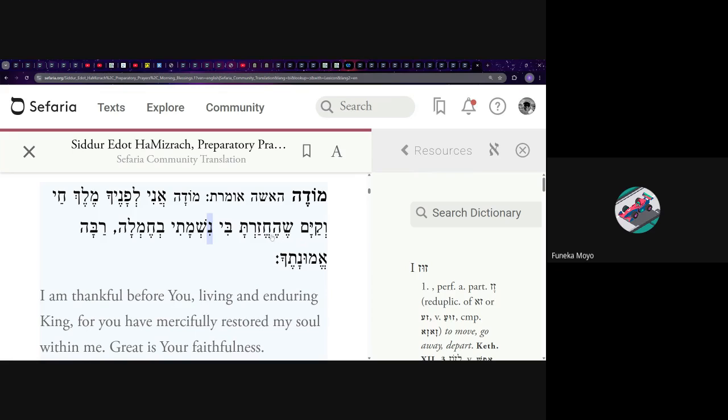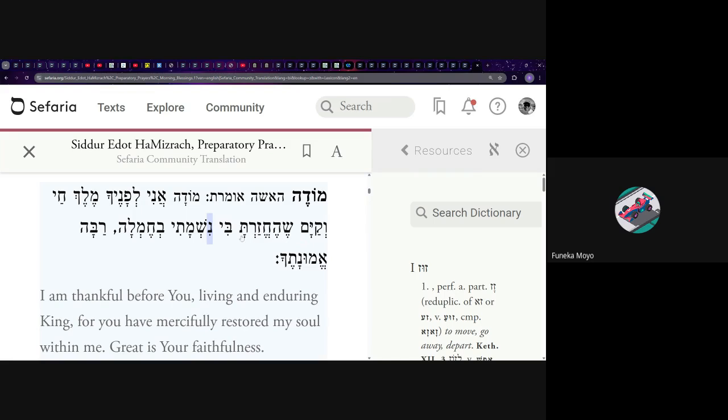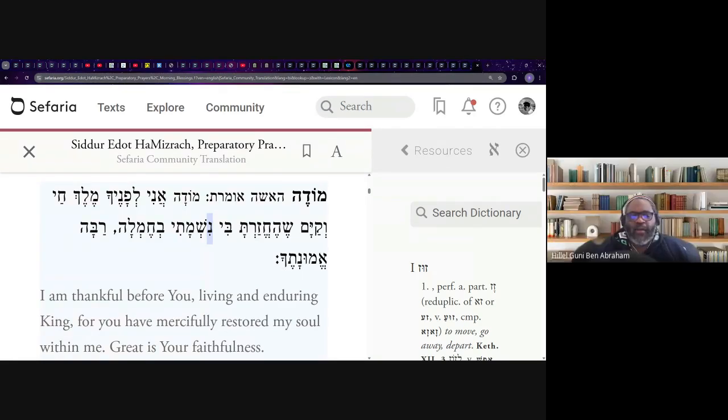Shehechezarta binishmati bechemla rabba emunatecha. Wonderful.